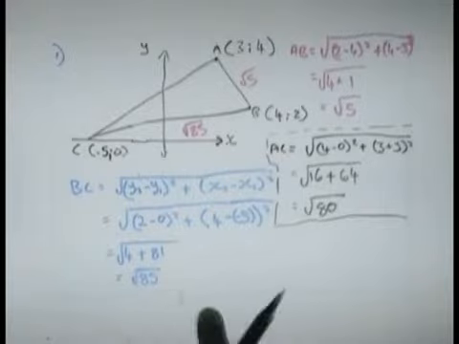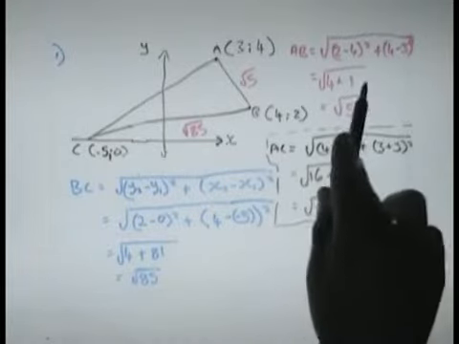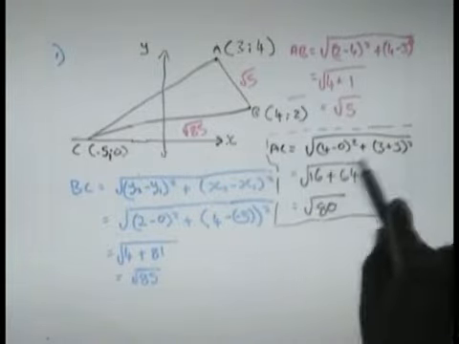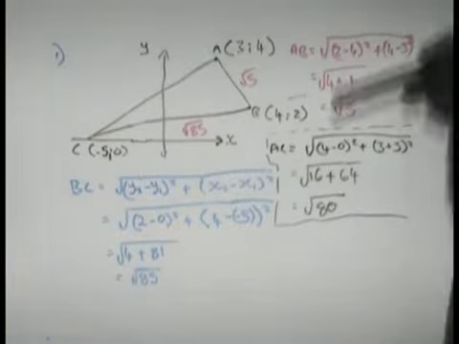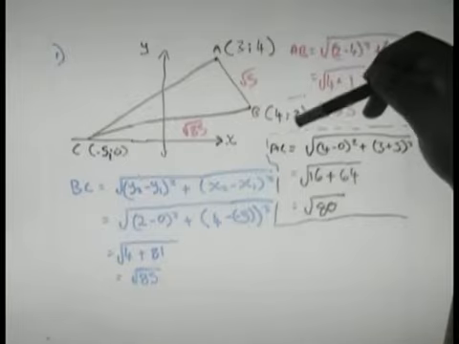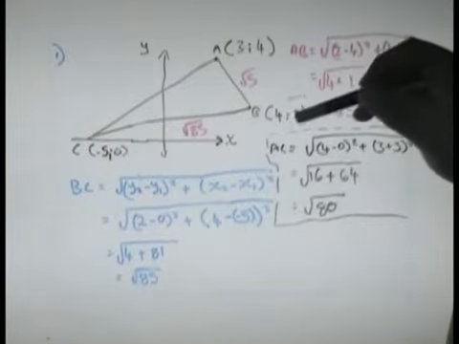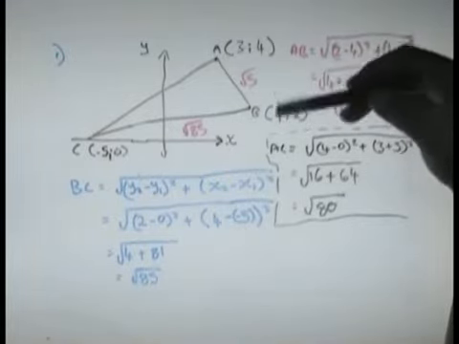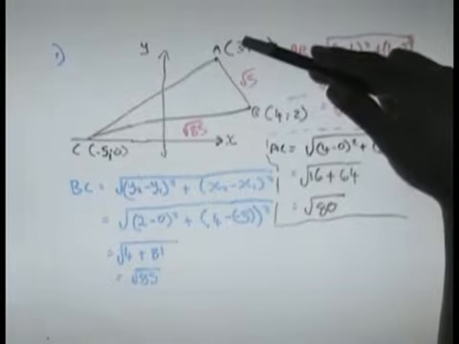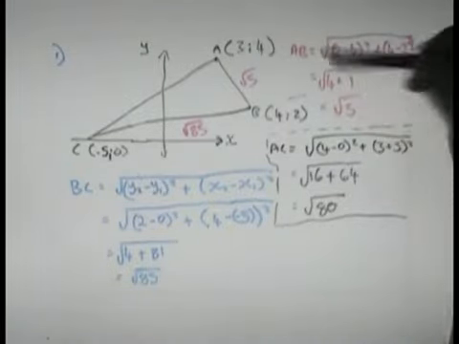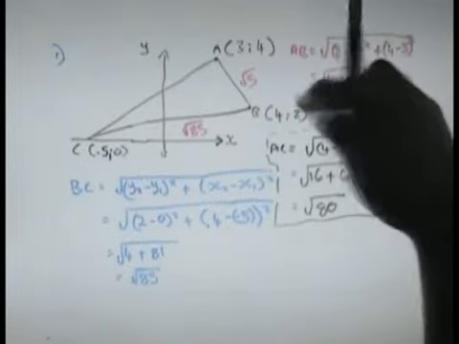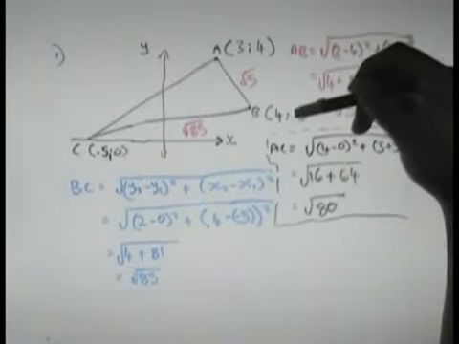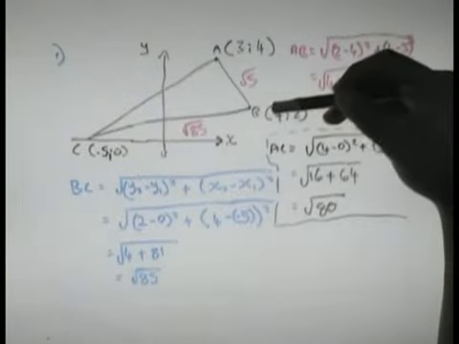Okay, that's the distance of BC, that's the distance of AB, and that's the distance of AC. Always remember, golden rule, it doesn't matter which point you choose as point 2 and point 1. But if you chose this point as point 2, y2, that has to be x2.